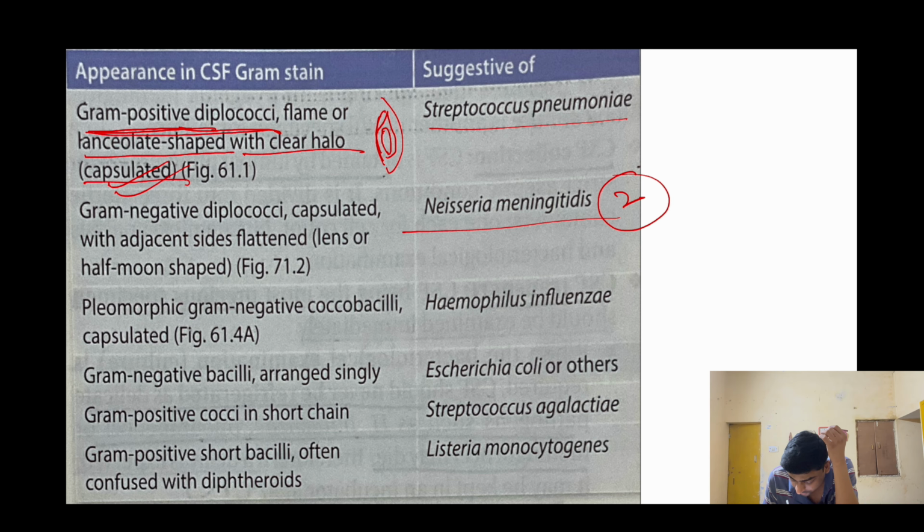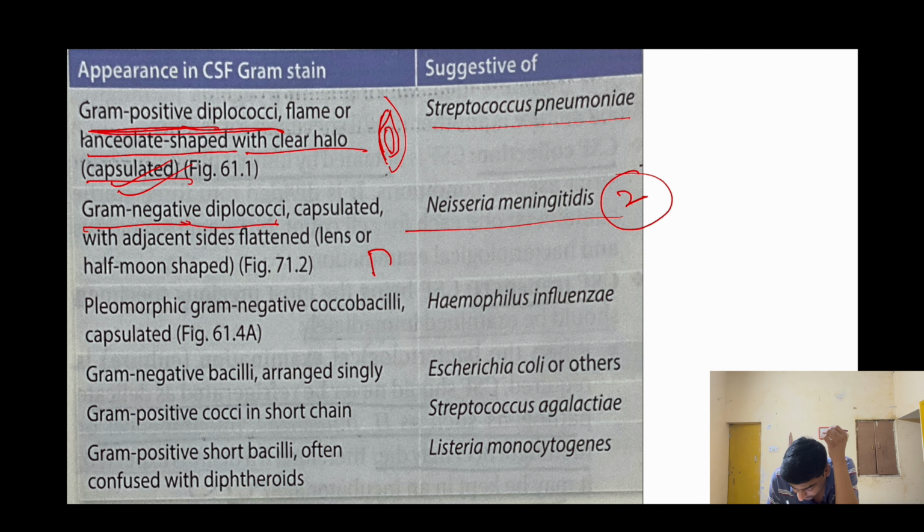Now, in case of Neisseria meningitidis, which is a gram-negative diplococcus, the appearance in CSF is flattened, lens or half-moon shaped. In Haemophilus influenzae, it is pleomorphic gram-negative coccobacilli and it is capsulated.